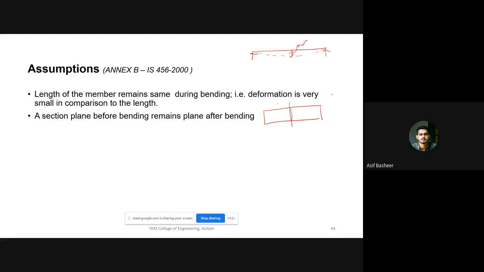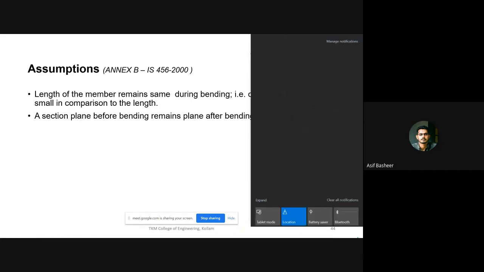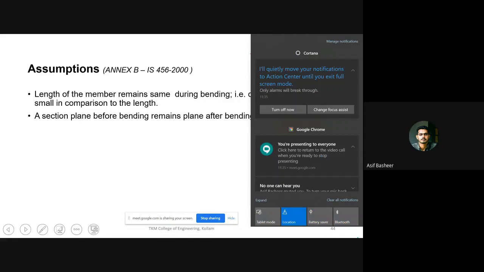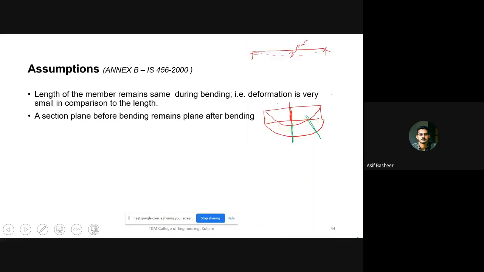if I'm taking a section from here, and it is bending like this, suppose I'm applying a load, it is bending like this. The neutral axis will be here. So if I'm taking a section here and a section here, the strain variation will be linear.